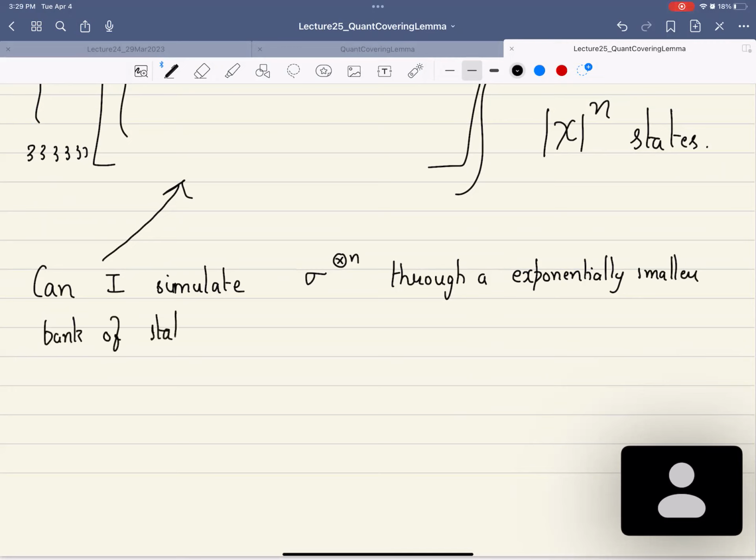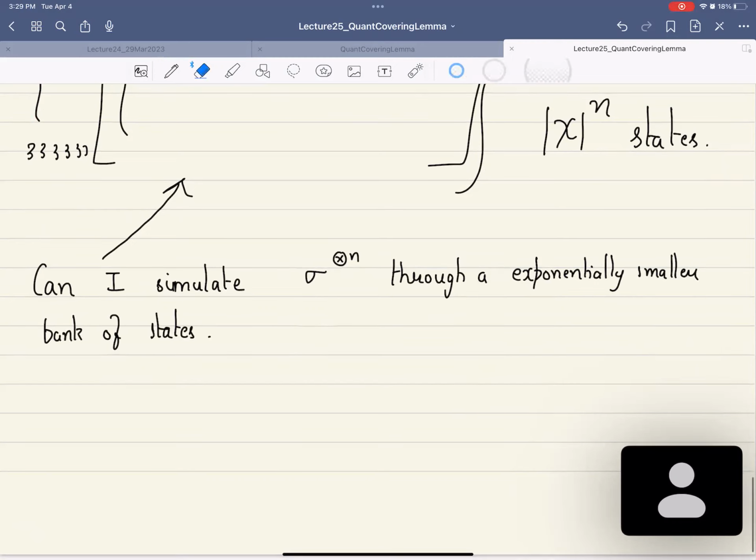I cannot prepare anything other than rho 0, rho 1, rho 2, rho 3. I cannot prepare anything else. Still, can I prepare sigma tensor n with a smaller collection of quantum states?